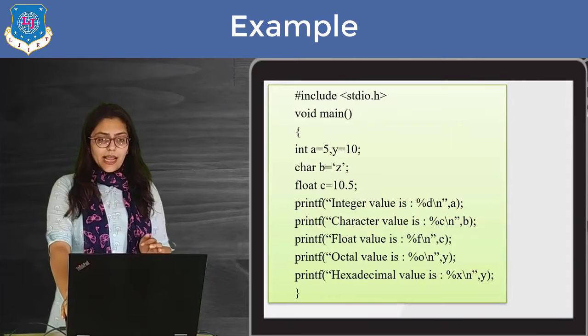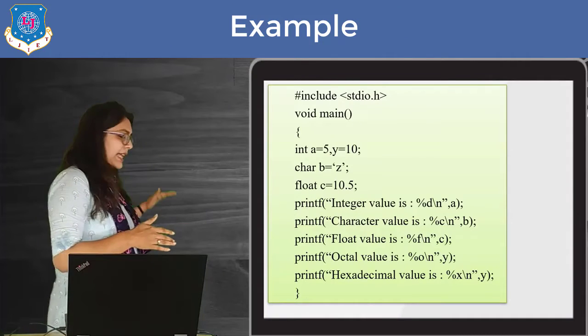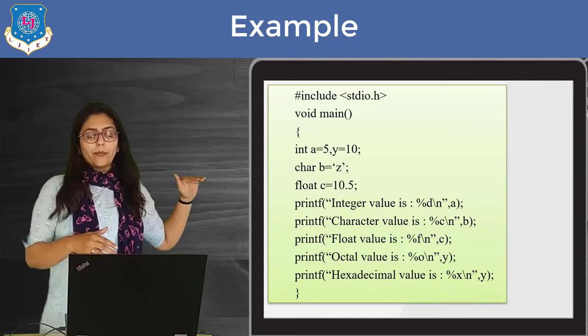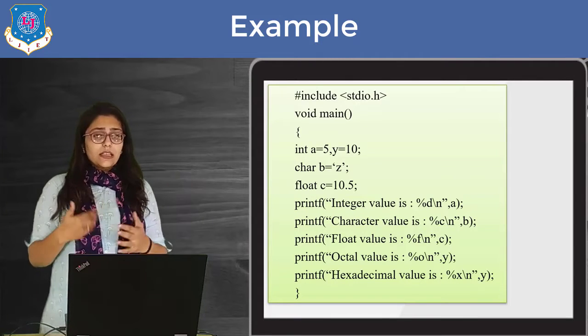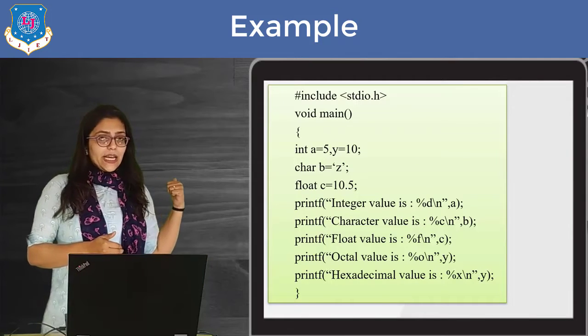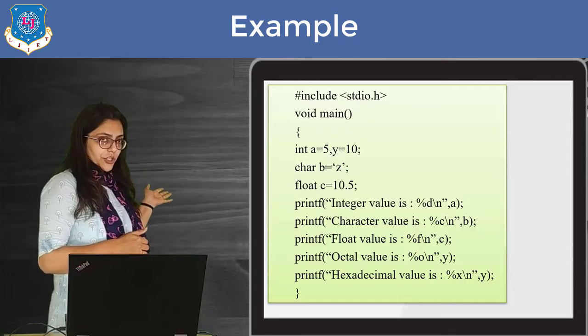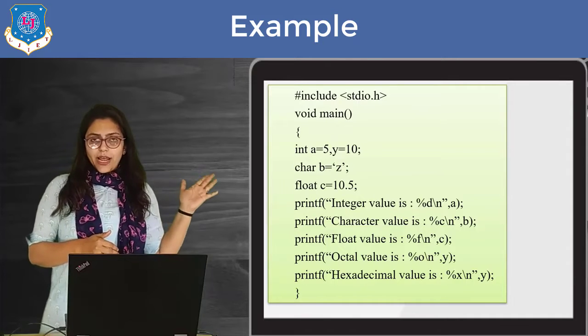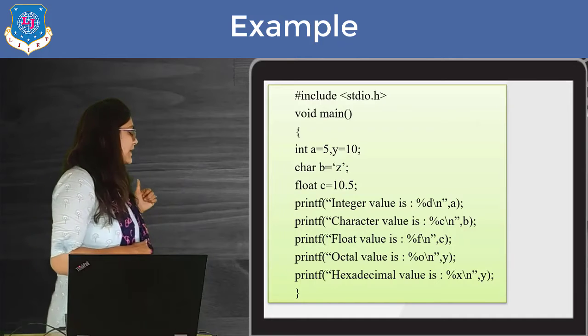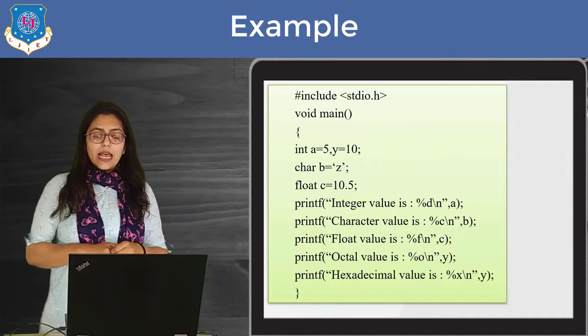Now what is next? Here I have given an example code. You can also run this code in your IDE and see the output. In this code I have defined a equal to 5 as an integer value and y equal to 10 as an integer. Then character b equal to 'z'.